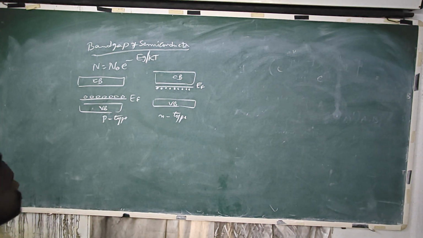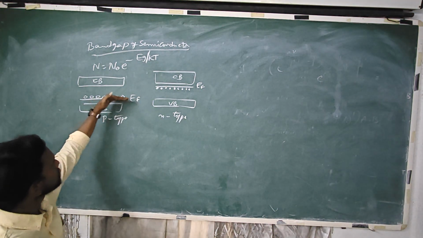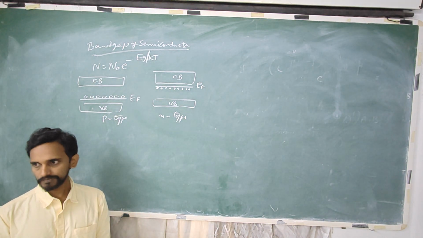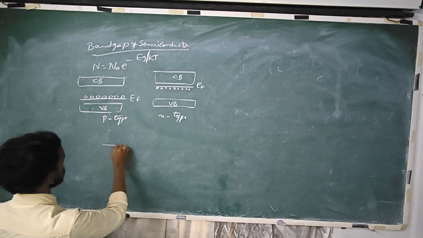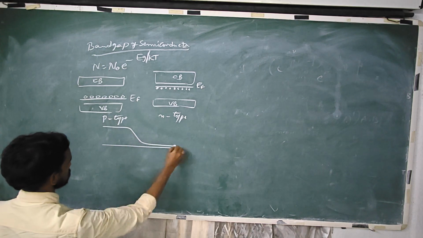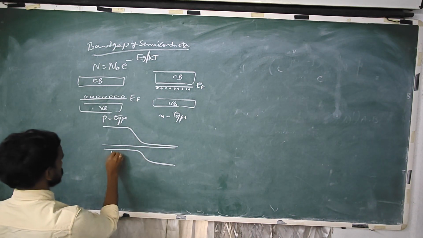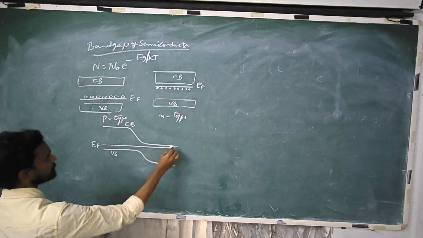So when you join them, when you try to form a p-n junction, these energy levels will balance, Fermi levels will balance up, and what you are left with is this. So this is the valence band on p side, this is the conduction band, this is the Fermi level.